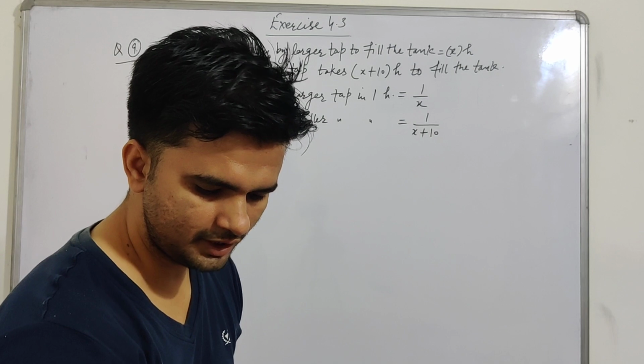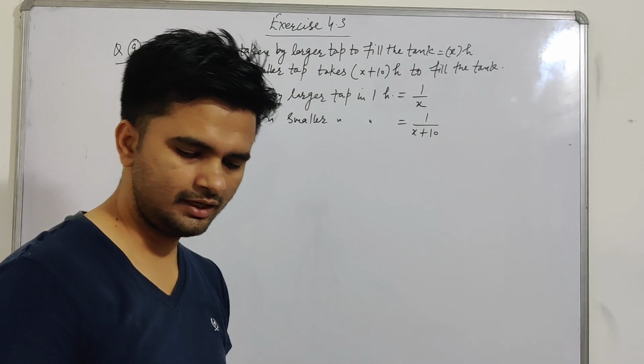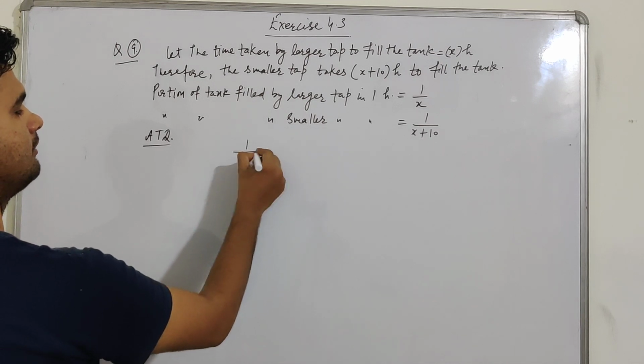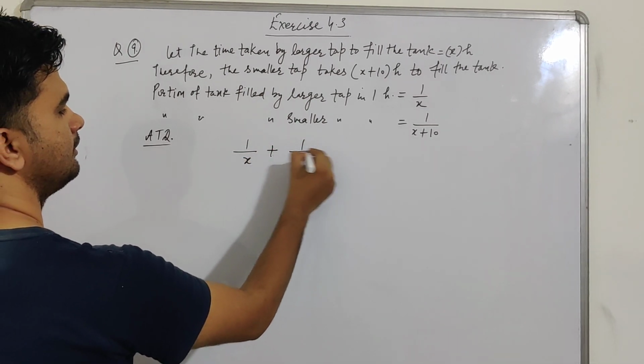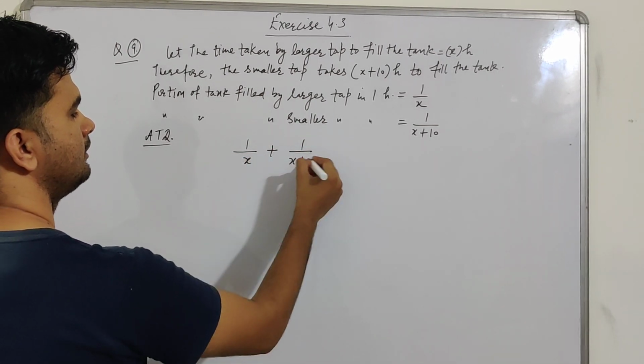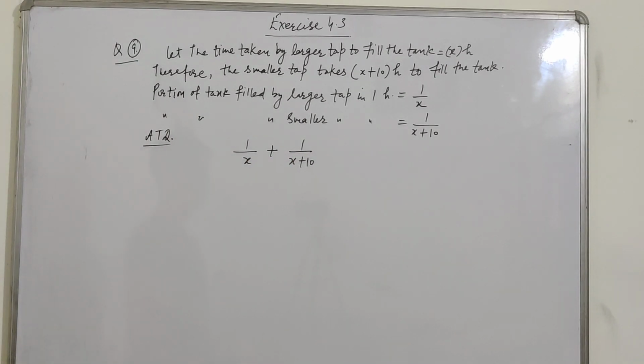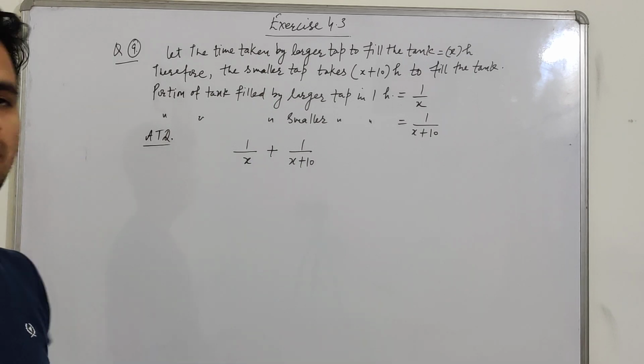See, two water taps together can fill the tank in 9 and 3/8 hours. See, 1 over x plus 1 over x plus 10. This is their 1 hour work together, right? The portion of tank they filled within 1 hour.